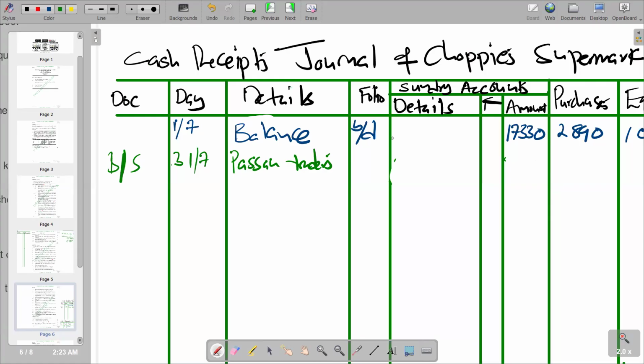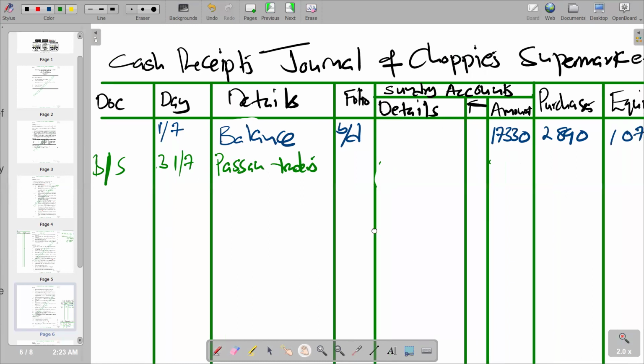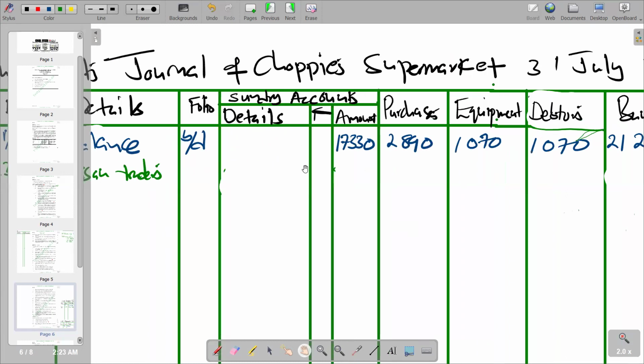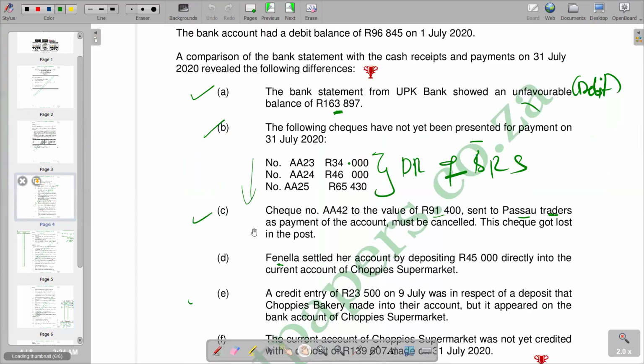But obviously, we need to check if this amount is under sundry accounts. So it's very critical here that you check if it qualifies under sundry accounts, purchases, equipment, or debtors. So it has to be entered twice. It is mandatory to enter it in the bank column, and then you choose in these columns which one it qualifies for. If you go back, you see that this person was a creditor, so creditors control.